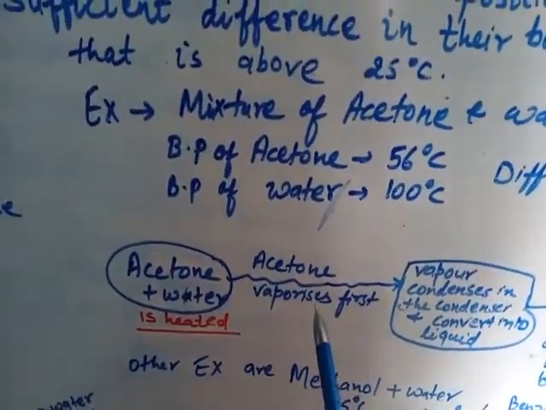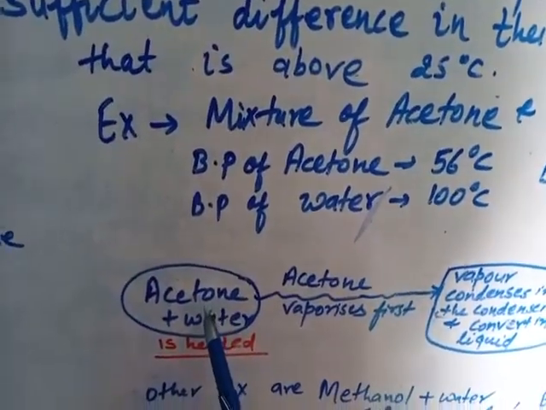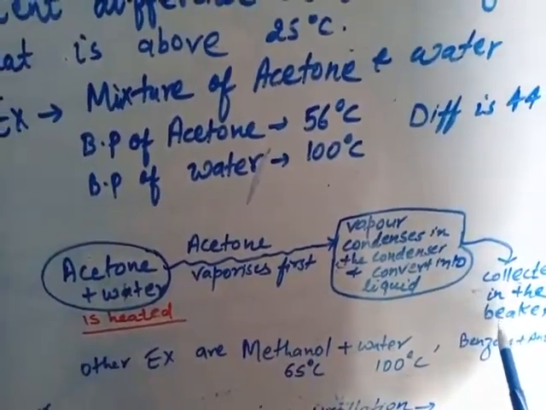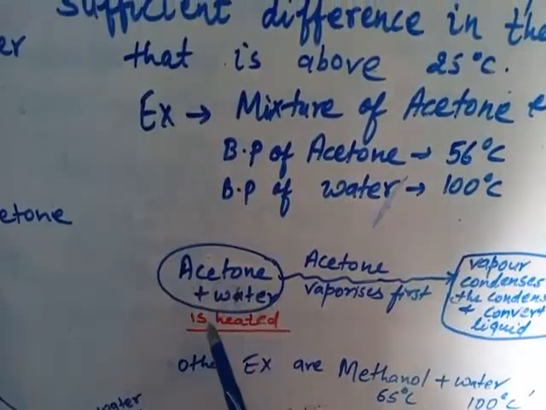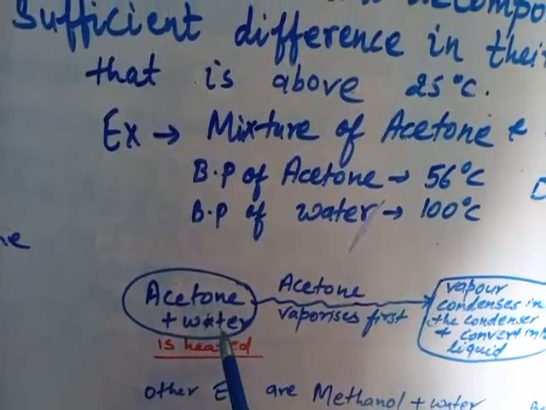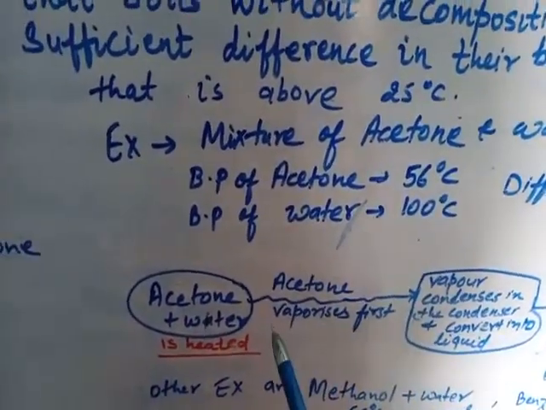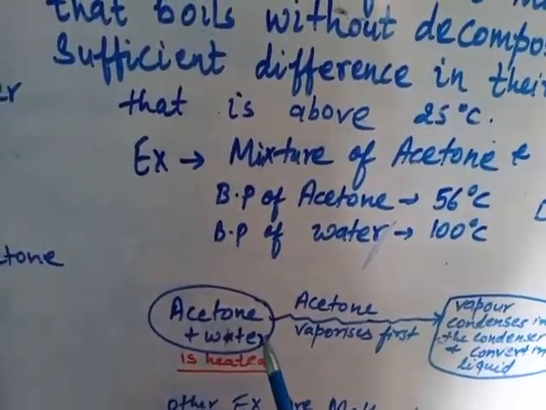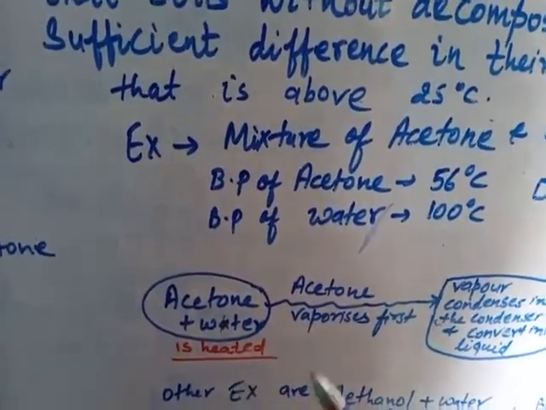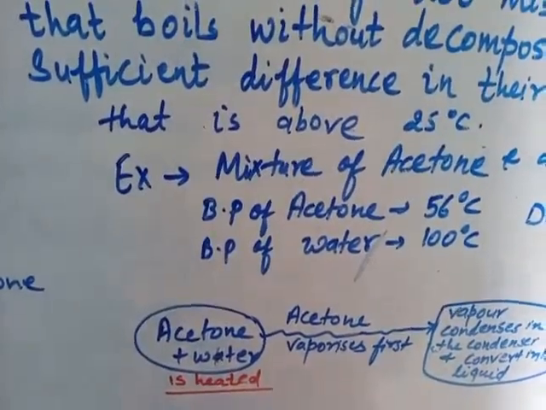So in this way the low boiling point liquid can be made to vaporize and collected and separated in a beaker, and water will still be there in the distillation flask. So this is just a simple distillation process, where we separate a mixture of two miscible liquids only. Okay, in simple distillation we can separate only two miscible liquids from each other.